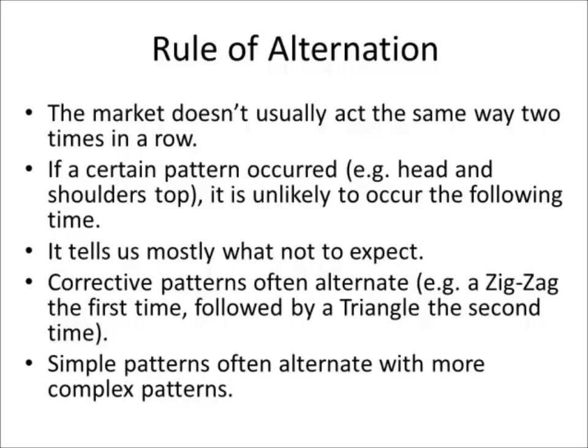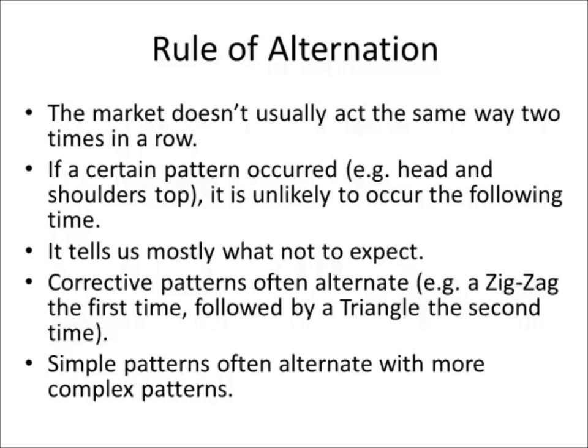And the other thing about the rule of alternation is the word alternation. Alternation means taking turns, one after another, but then coming back to the initial one after skipping it once. So we will often see corrective patterns alternate. If you remember, we talked about the different corrective patterns.